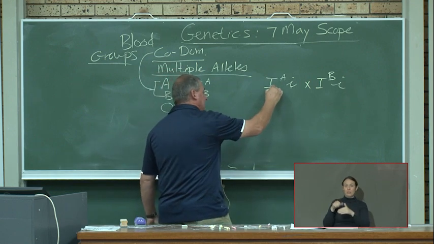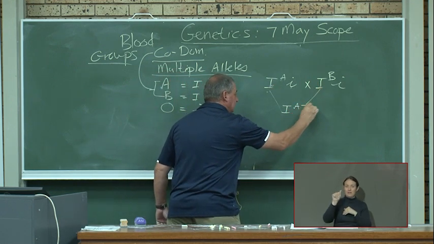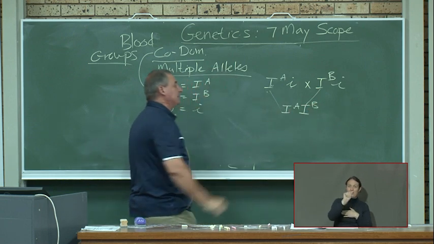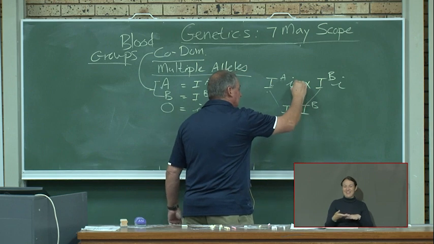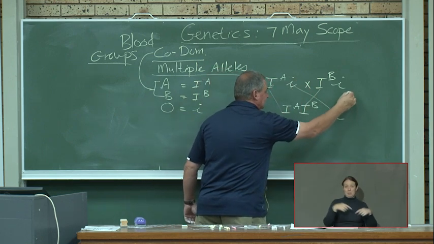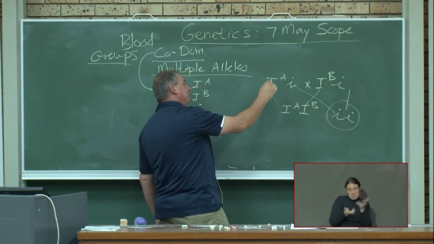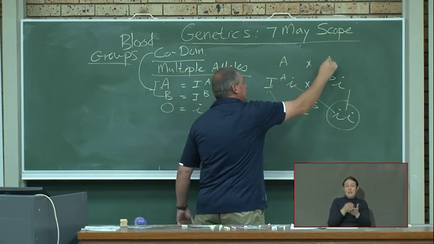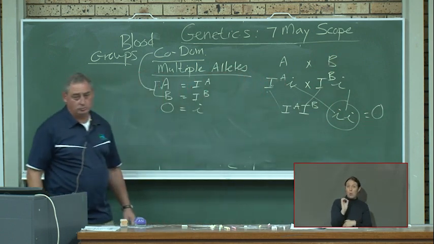So what could happen? This one will meet up. You can put it in a Punnett square, or you can do it like this, and this child will be born with blood type AB. But you see here, this child can also be born, an i can be contributed from that side and an i from that side. There's a chance that this parent with blood type A getting married to B, and the child is born blood group O.